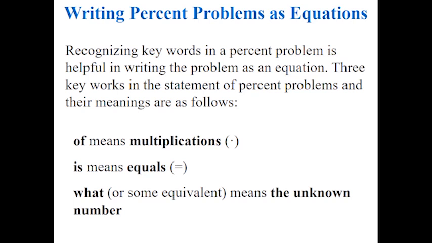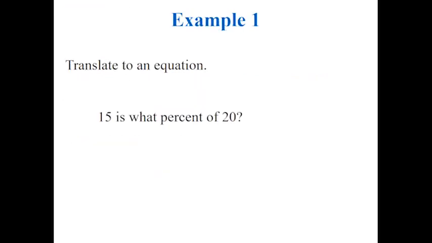So what does this mean? Let's look at an example. Translate to an equation. 15 is what percent of 20? Each of these gives us a different part of the equation. 15 is 15. Remember, is always means equals.